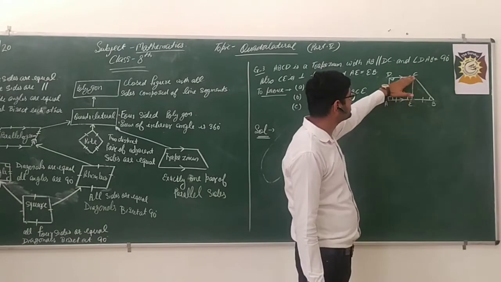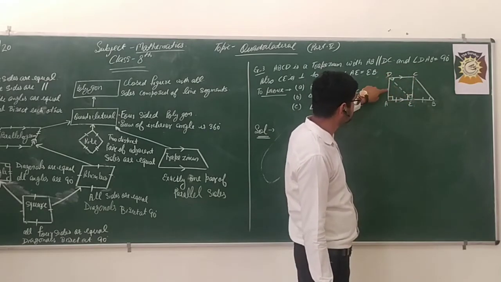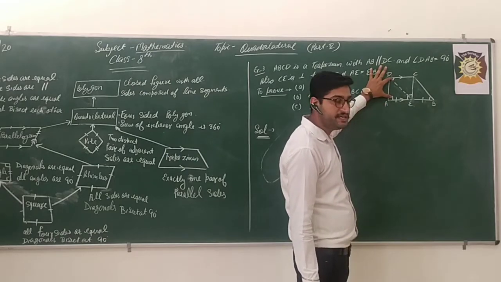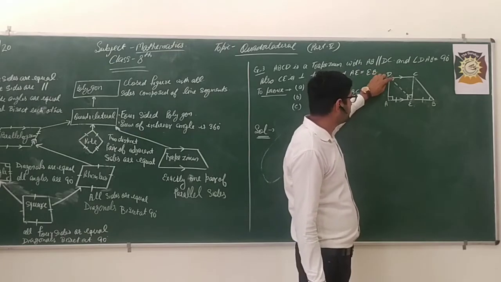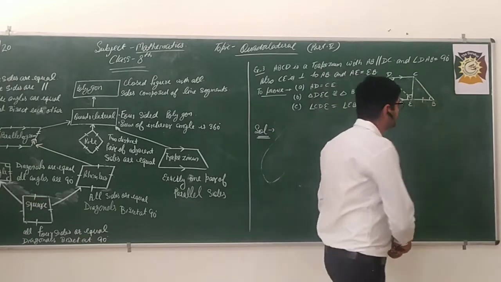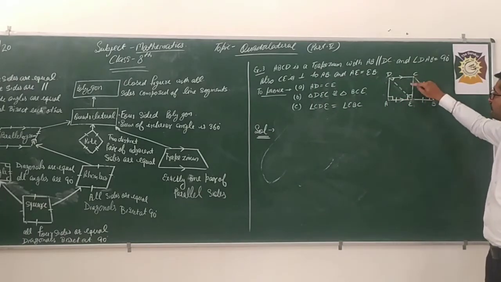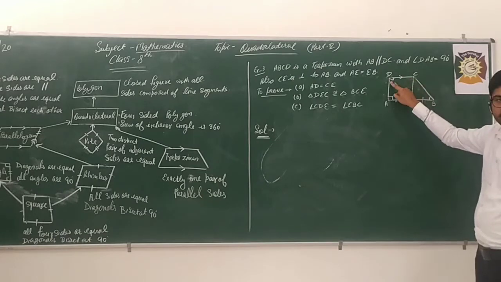If this side is parallel to this side and this is the transversal, the sum of these two angles will be 180. This angle is 90, so this will also be 90. Similarly, this side is parallel to this side, this one is the transversal, and according to the transversal, the sum of these two angles will be 180, and if this angle is 90, this will also be 90. Each angle is 90 degrees.